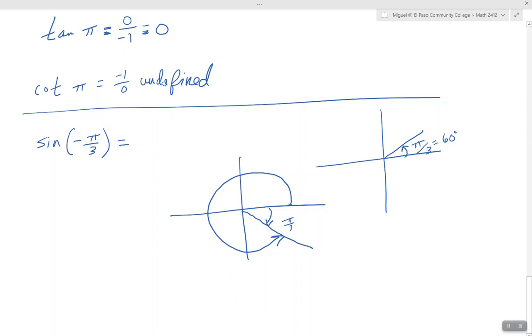What do you think? If the whole circle is 360 and I'm taking away 60 of it, what's left? 300? Does that make sense? And what is 300 in radians?